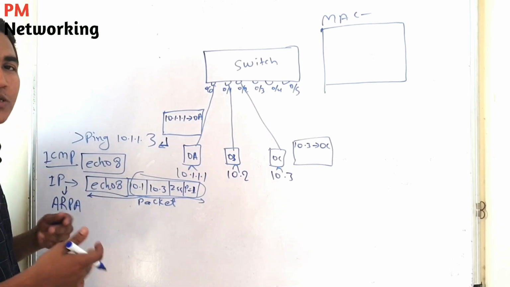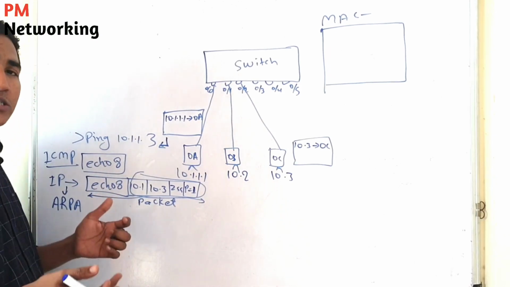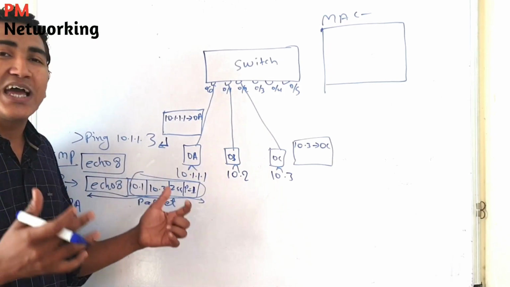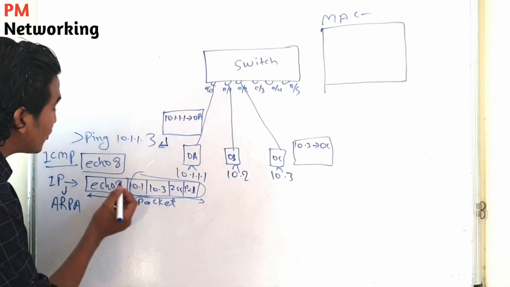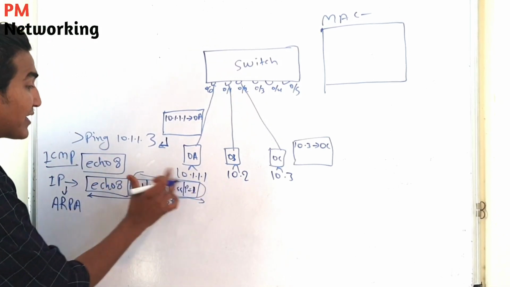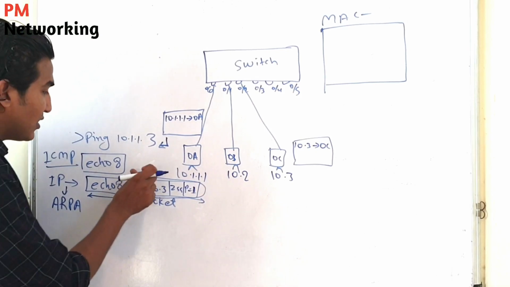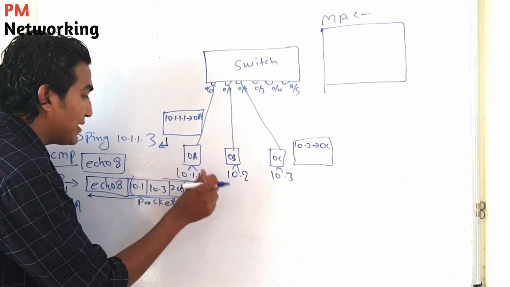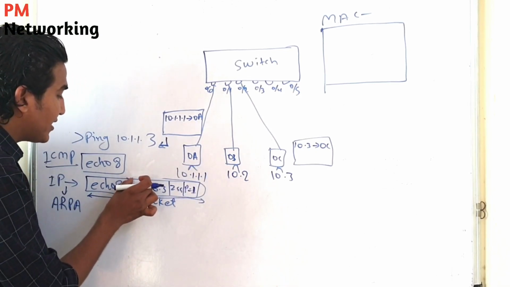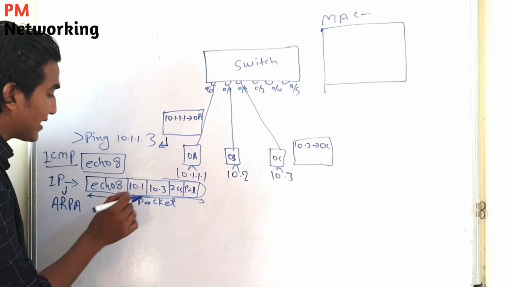So what is the meaning of encapsulation? Encapsulation means adding extra information to the actual data, right? The actual data is the echo request, and I am adding the IP header. So encapsulation is complete, and we call it a packet.